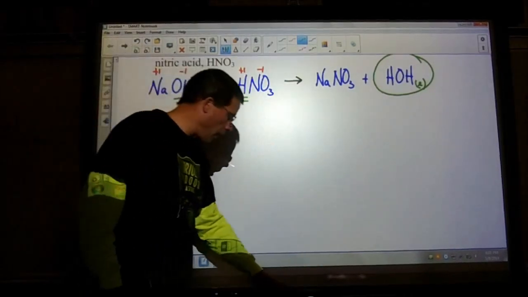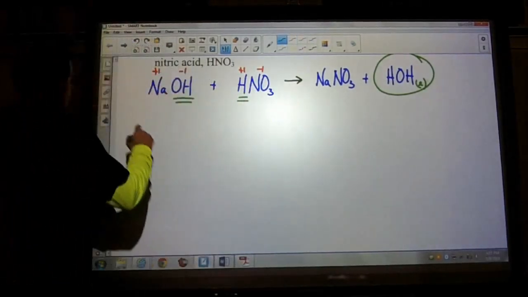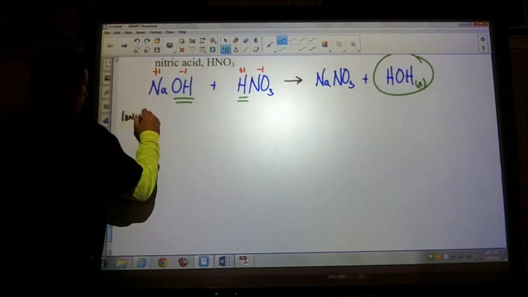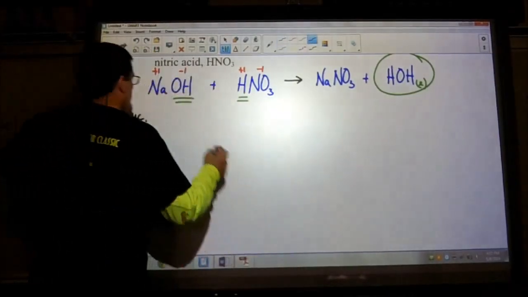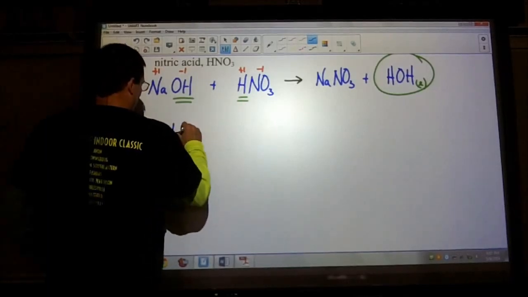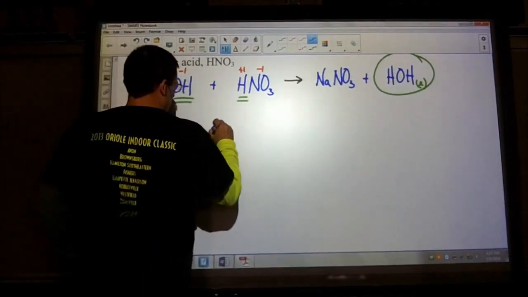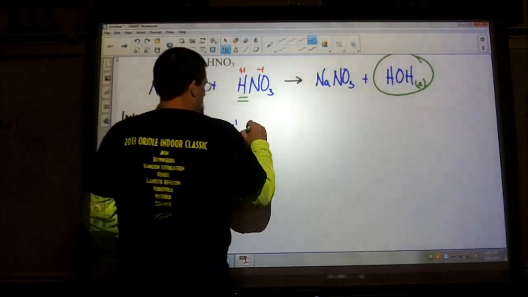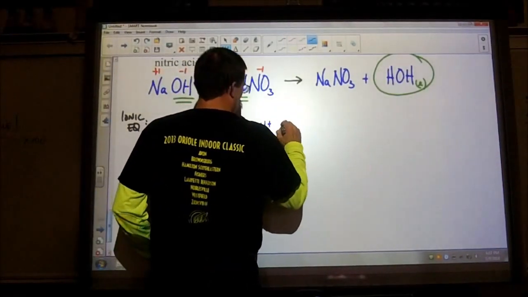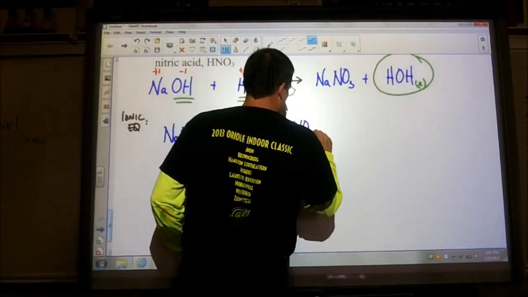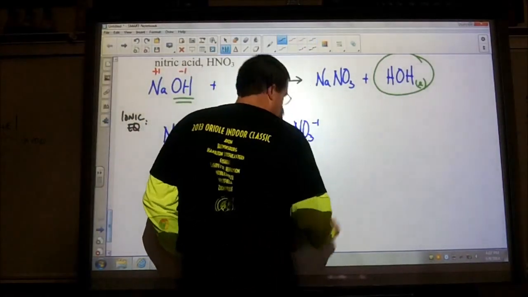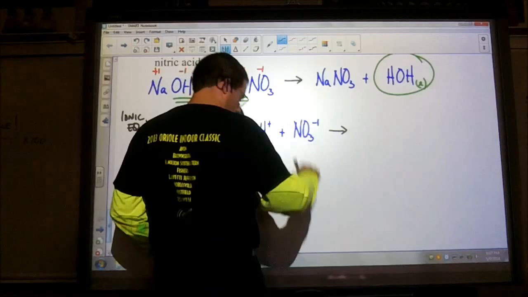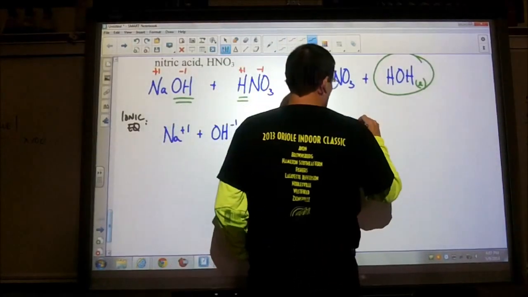Now let's write out our ionic equation. So the ionic equation would look like this, where you have your sodium ion plus your hydroxide ion plus your hydrogen ion plus your nitrate ion. Again, breaking these guys down. And you're forming sodium ions.